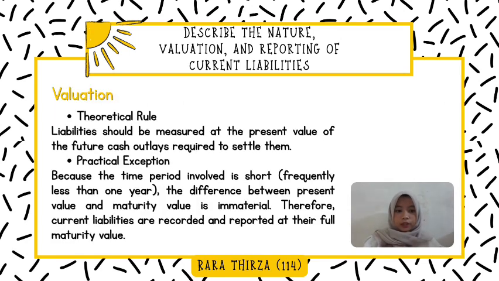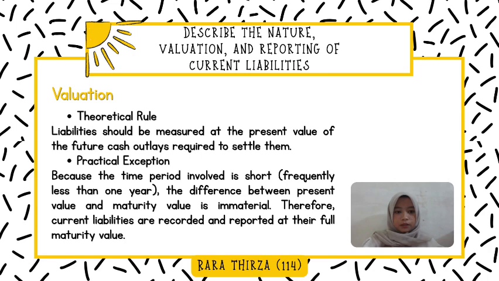Okay, now let's move to the next material. It's about valuation. There are two ways to do valuation for current liabilities. The first is the theoretical rule. Here, liability should be measured at the present value of the future cash required to settle them.